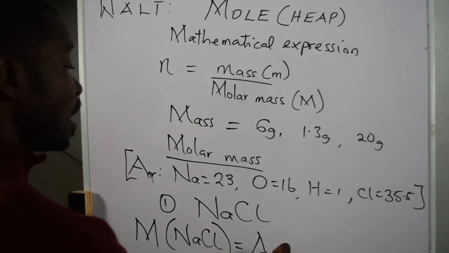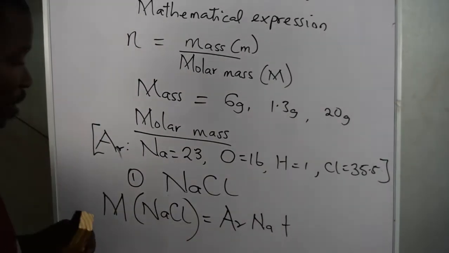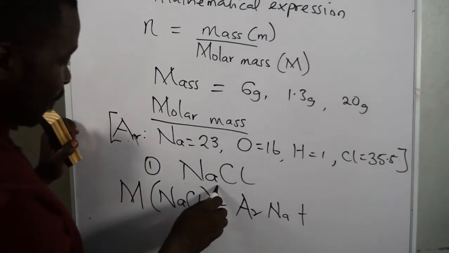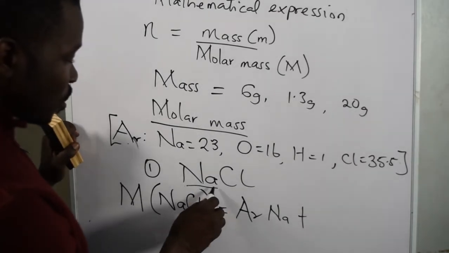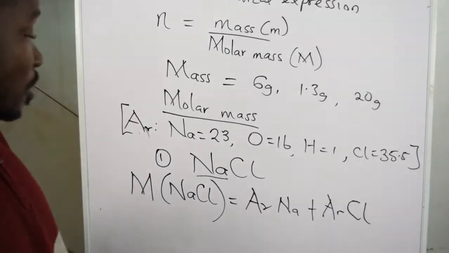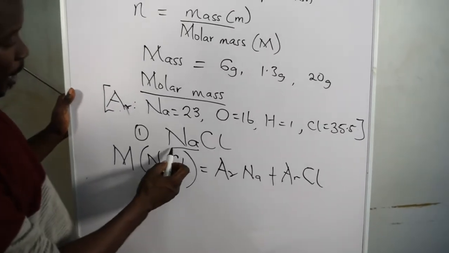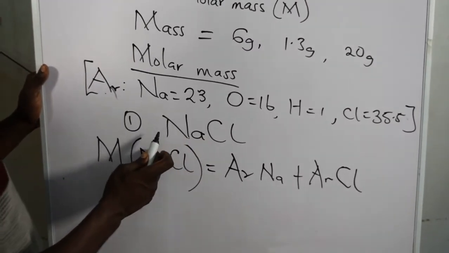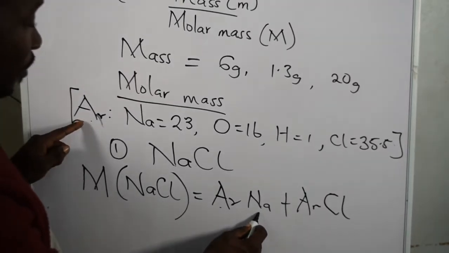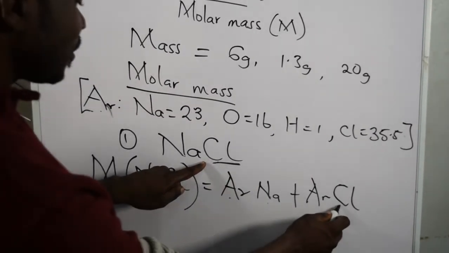you need to find the AR, the relative atomic number. You need to pick the relative atomic number of the first element, which is sodium, Na, and add it to the next element, which is chlorine.